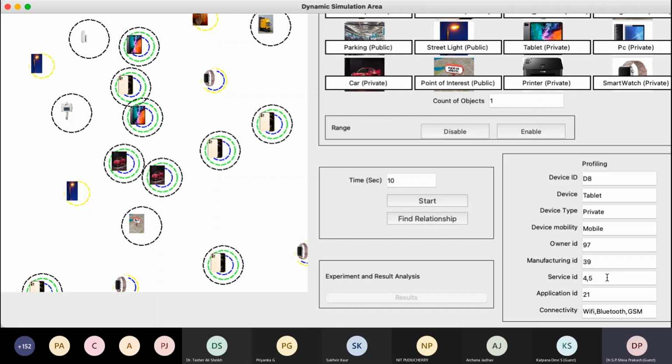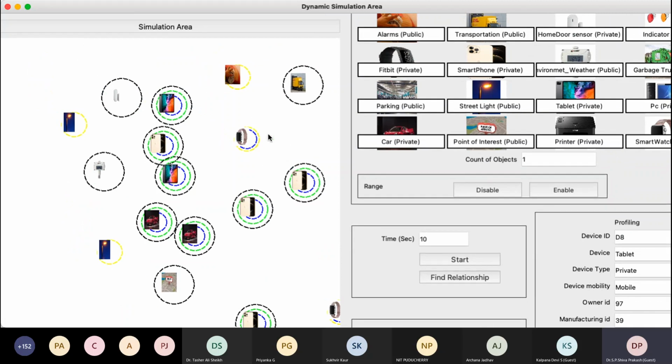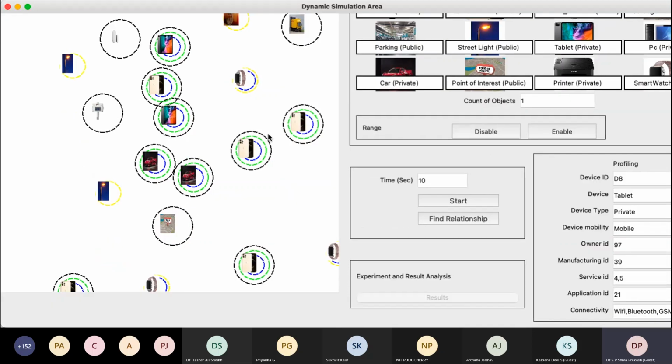So randomly we are assigning a set of services just to conduct an experiment. Further, any researcher can modify this and start conducting experiments. For a social IoT, the important thing is the relationship between the devices.